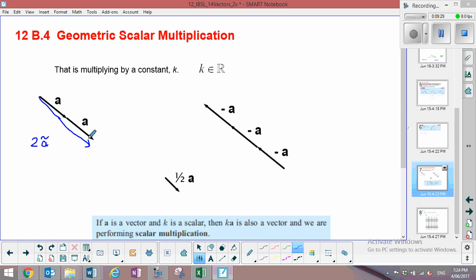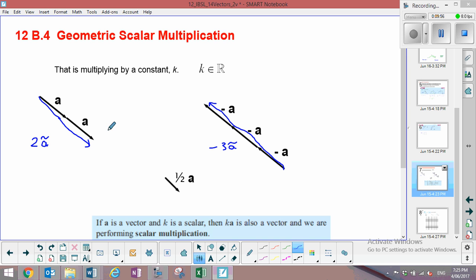This one here, we've got vector A, the same vector, but now we're going opposite direction, and we have three of those. So this vector here is minus 3A, because it's vector A, 3 times the length, but the minus now says opposite direction.